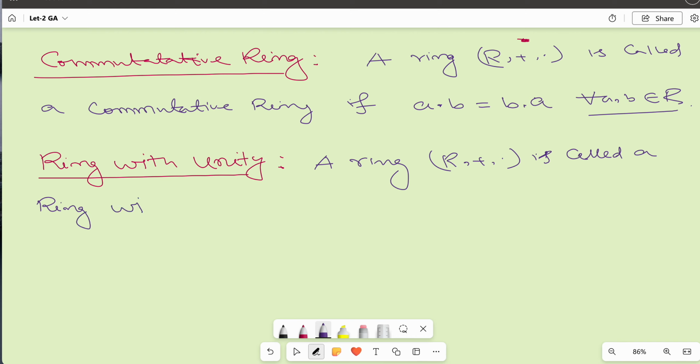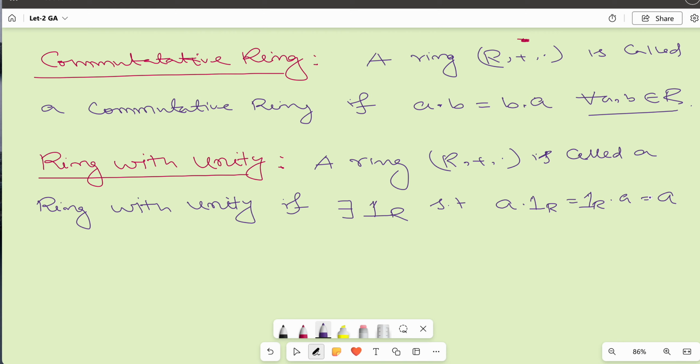A ring with unity, if there exists an element 1_R such that a dot 1_R equals 1_R dot a equals a.